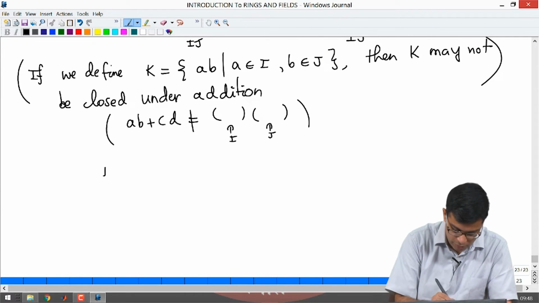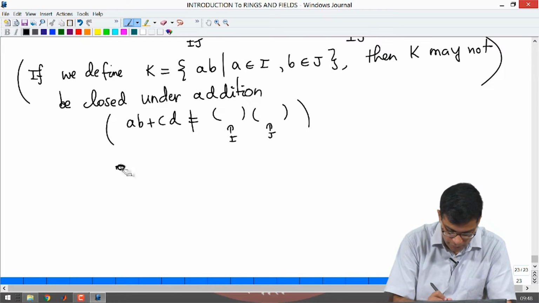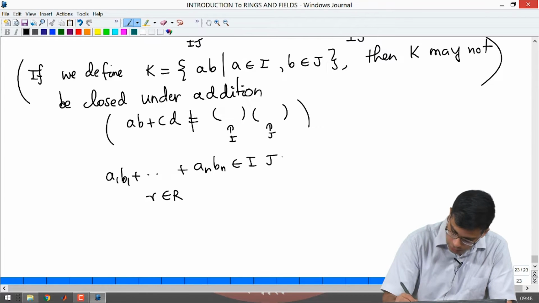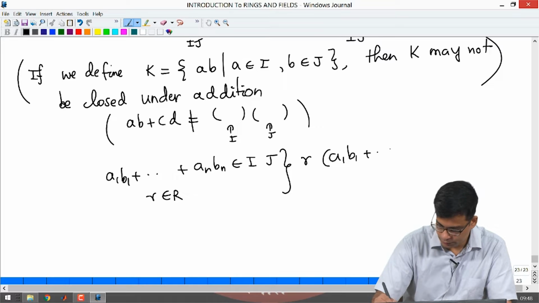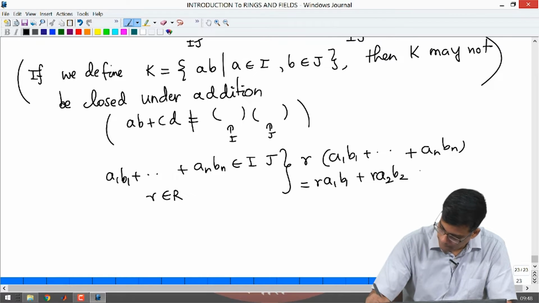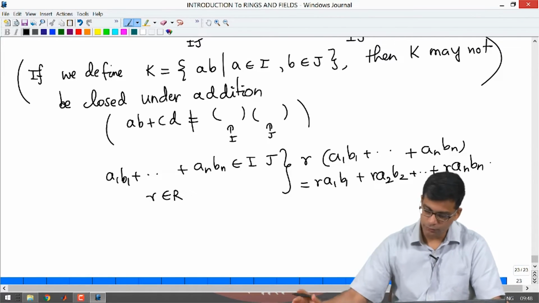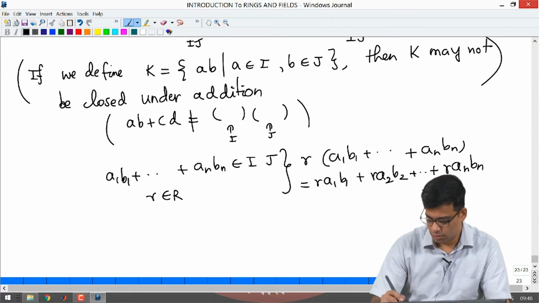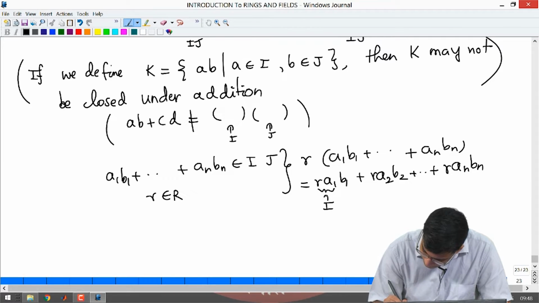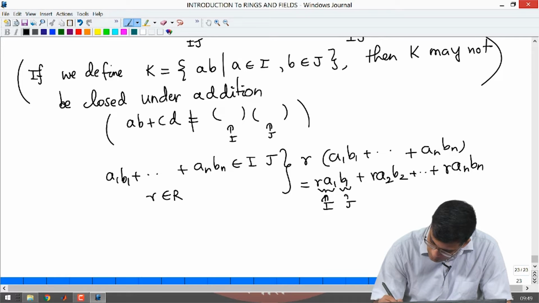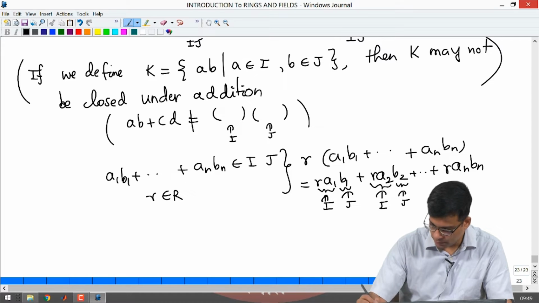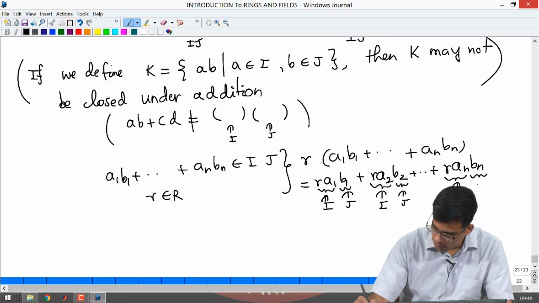Is it closed under multiplication by ring elements? Let us take an arbitrary element of IJ, a_1 b_1 plus up to a_n b_n, and r in R, and let us take the product. r times (a_1 b_1 plus up to a_n b_n) is equal to r a_1 b_1 plus r a_2 b_2 plus up to r a_n b_n.